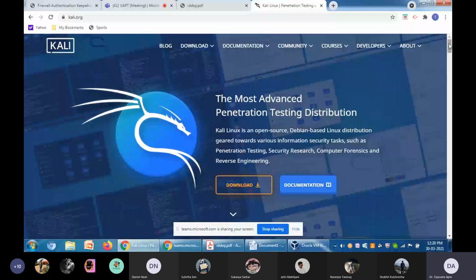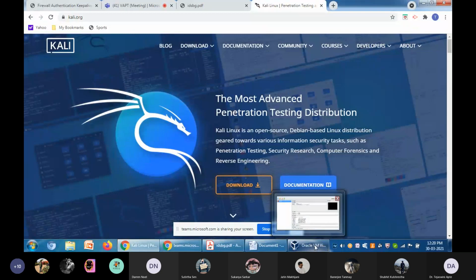Then I'm going to give the simple permissions, and then we are supposed to move on to the different tools. Here, at this link kali.org, you must be able to see on my screen, just download it at your end and create a virtual machine. I hope you are aware of how to create the virtual machine. Are you aware of how to create the virtual machine, my dear students?